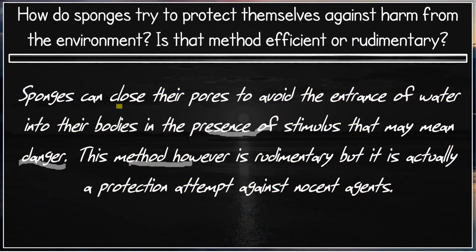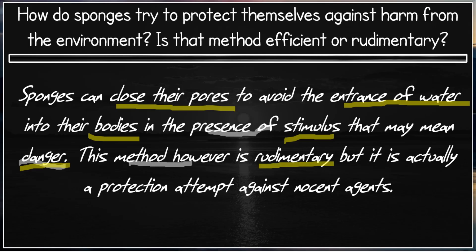Sponges can close their pores to avoid the entrance of water into their bodies in the presence of a stimulus that may mean danger. This method, however, is rudimentary, but it is actually a protection attempt against nuisance agents.